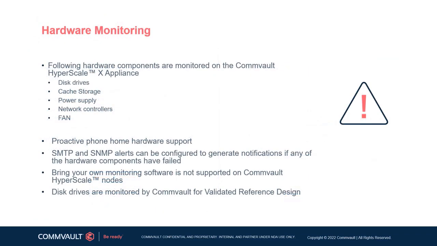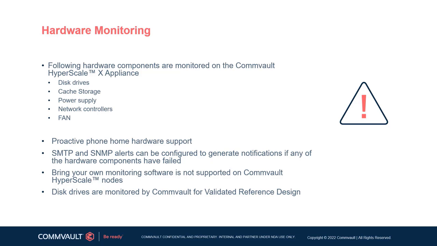The following hardware components are actively monitored on the Commvault Hyperscale X appliances exclusively currently, with further support for validated reference design hardware monitoring on the roadmap: disk drives, cache storage, power supplies, network controllers, and fans. Proactive phone home hardware support is also available.